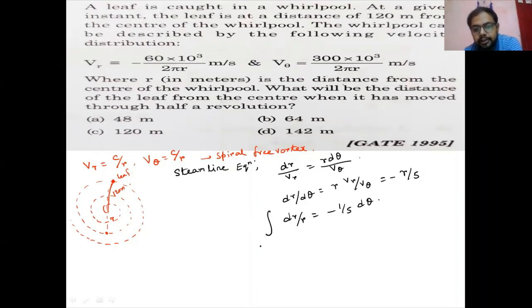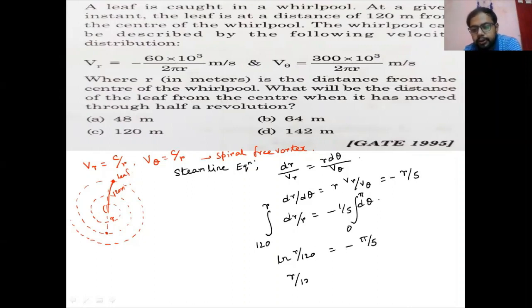So the limits: initially it was 120 meter from the center. The final we have to find out. Initially the rotation, let it be 0. After half rotation means pi. So it comes as ln of r by 120 equals minus pi by 5.